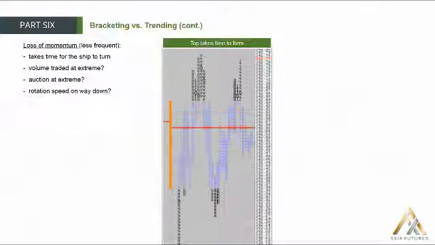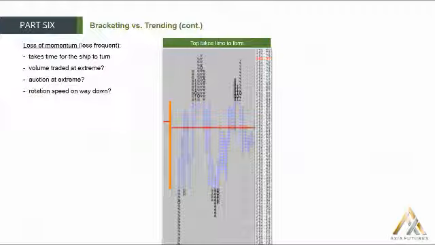Now, some of the questions we need to ask ourselves when thinking about these kinds of tops is, what kind of volume is being traded at the extreme? What you'll tend to find is that there's not aggressive volume, but a lot of two-way trade between buyers and sellers. So we'll see a lot of trade being facilitated at the highs and lows.